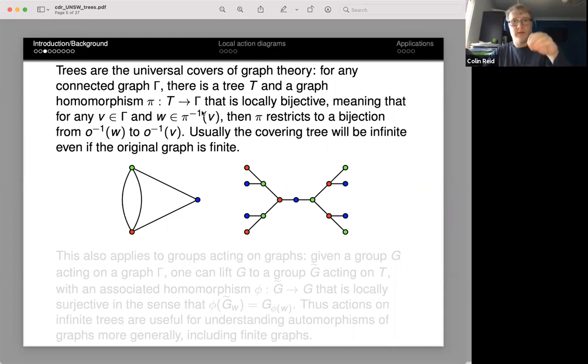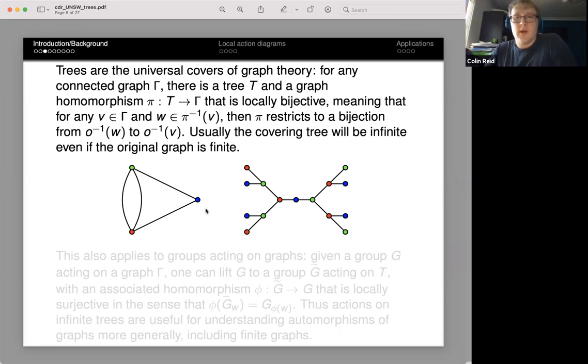If you look at a single vertex and the arcs coming out of that vertex, that lifts to the tree, where you have the vertex in the tree and then all the arcs coming out of that vertex bijectively. But obviously a single vertex of the graph can have lots of pre-images in the tree. So usually the covering tree will be infinite even if the original graph is finite.